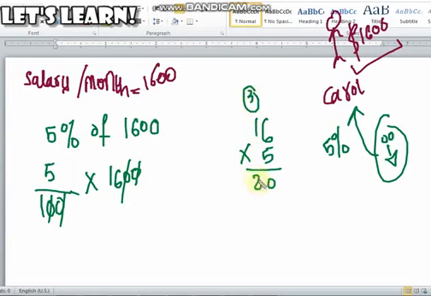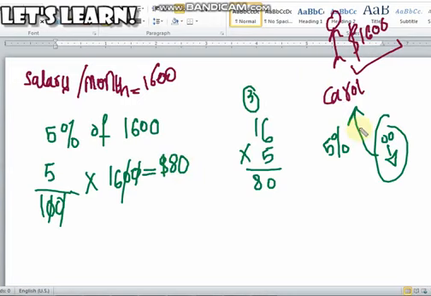So my answer is 80. So हमें ये बात पता चली कि बेसिकली $1600 का 5% कितना होता है? इट्स एक्चुअली $80.